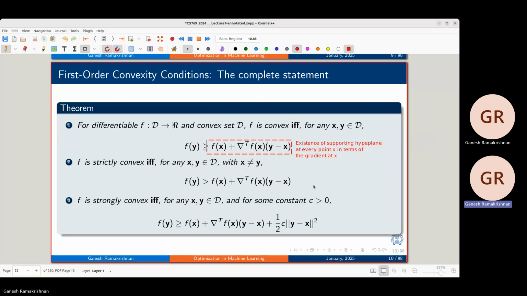As homework, try and write this down. In fact, we'll do that very soon on the slides itself. You will show that the normal to the hyperplane is nothing but -1 comma gradient at x. There's a negative sign here because of the minus x.